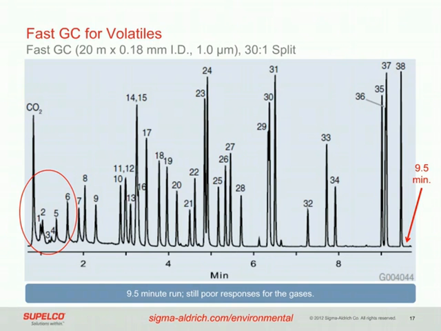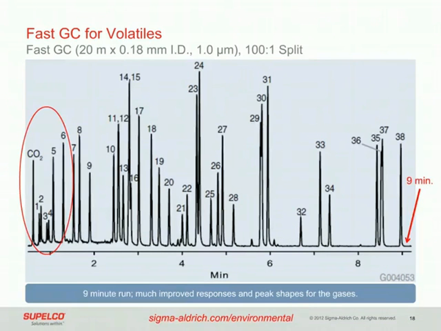We're at 9.5 minutes as opposed to 17, but we're still not real happy with the resolution of the gases. I think even some of the response for peaks 3 and 4 actually got worse. And so we're doing fast GC, but we didn't adjust enough of the parameters, which is a common mistake, and we can do better than this.